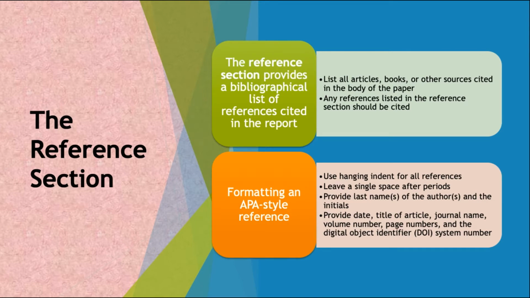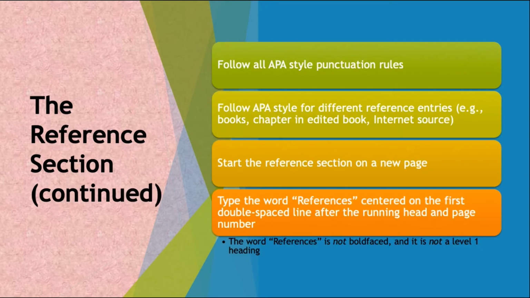Also, formatting in APA style: references use a hanging indent, leave a single space after periods, provide the last name of the author and the initial, the date, the title of the article, journal name, volume number, page number, and the digital object identifier or DOI number.